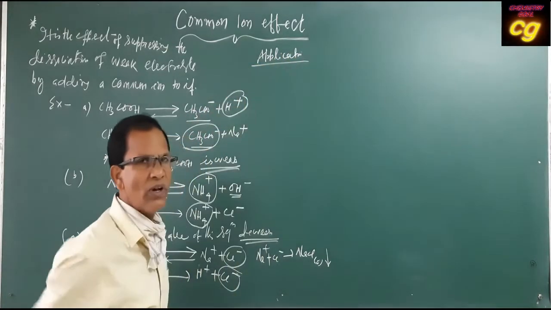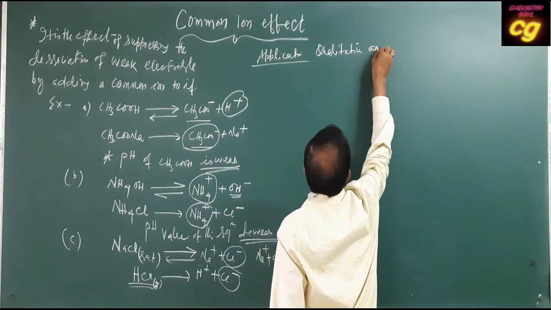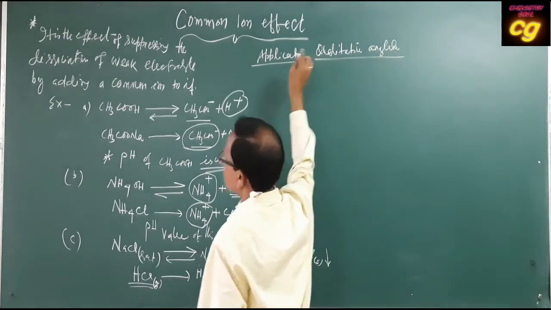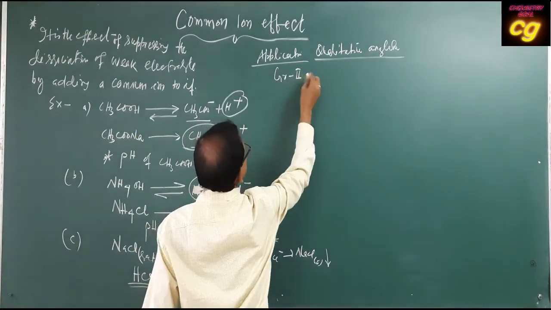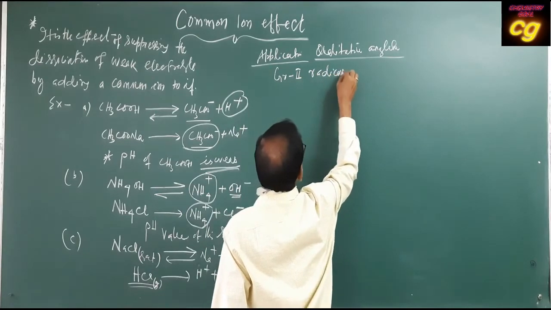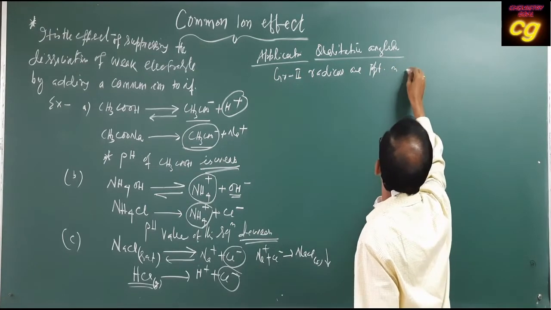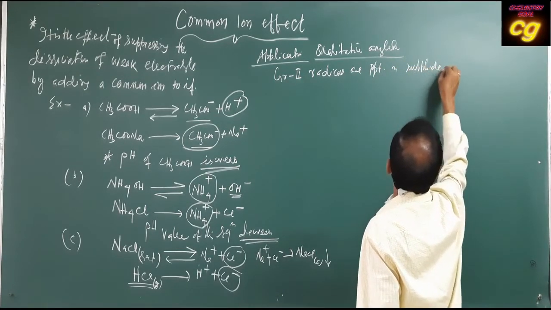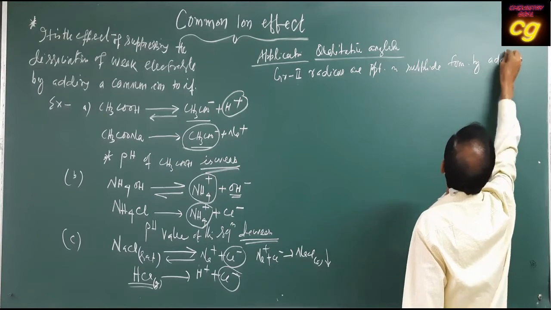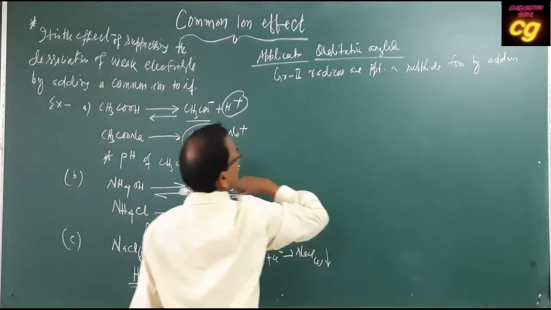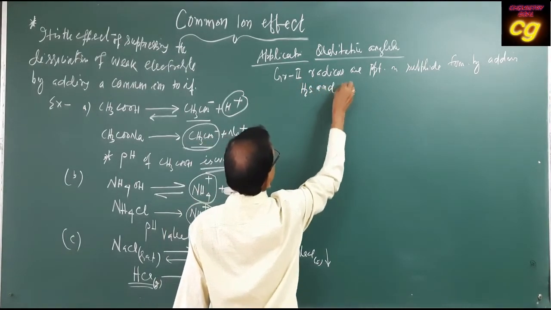We know that in qualitative analysis, already you know that in group 2, radicals are precipitated in sulfide form by adding H2S gas and HCl.